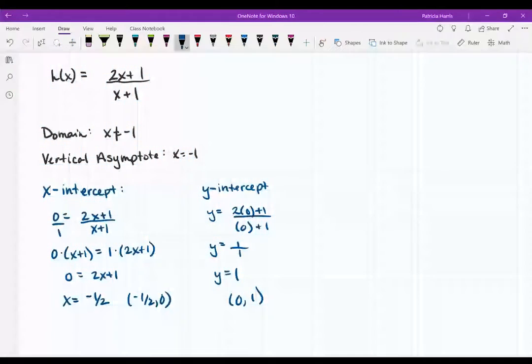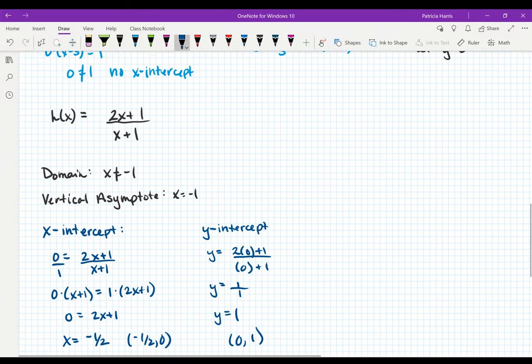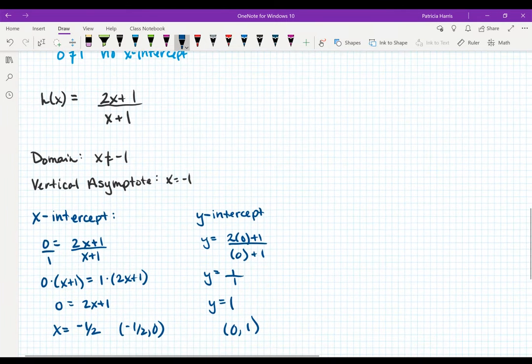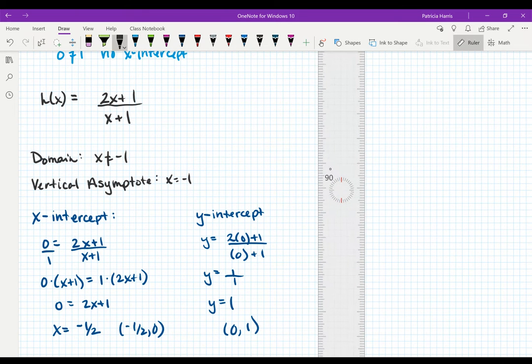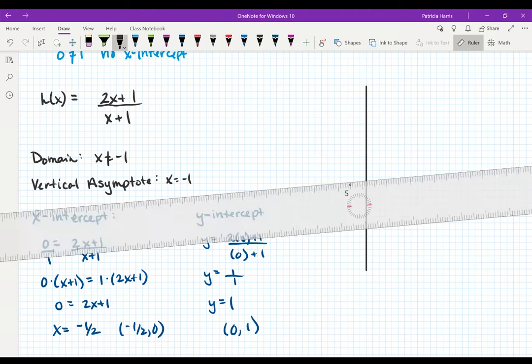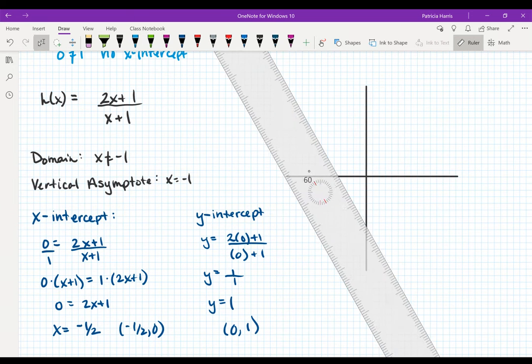Okay, let's see what happens when we graph. Get my ruler. Okay, and then I got to put in my vertical asymptote, but I don't have a hole to worry about.